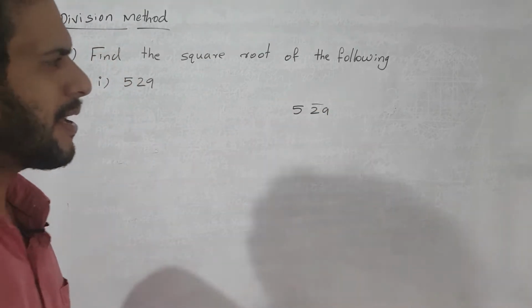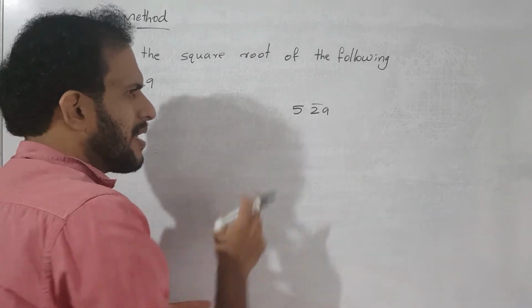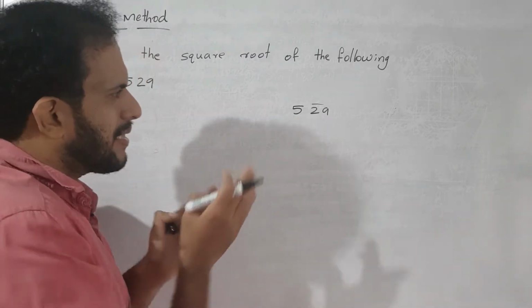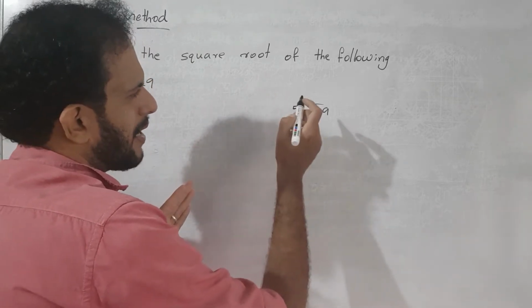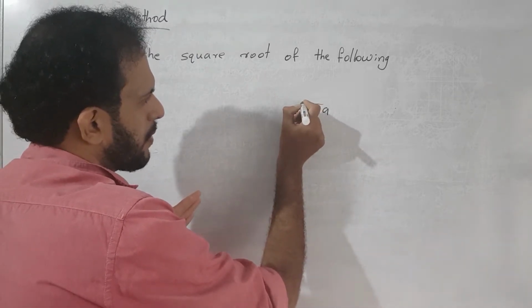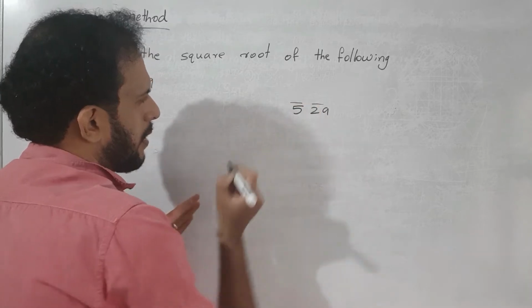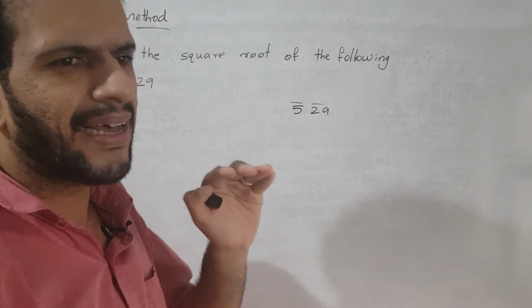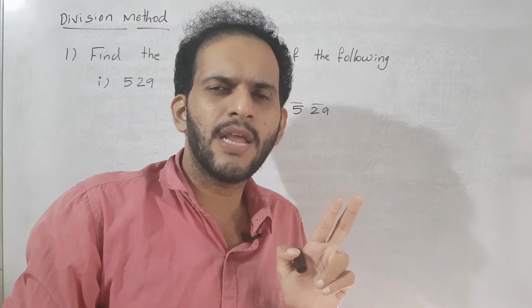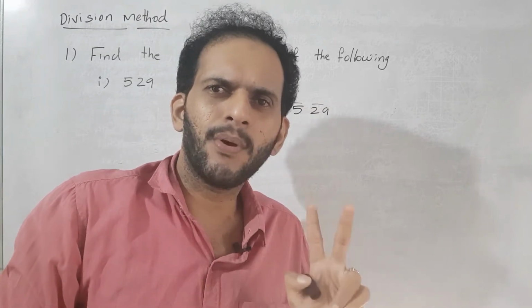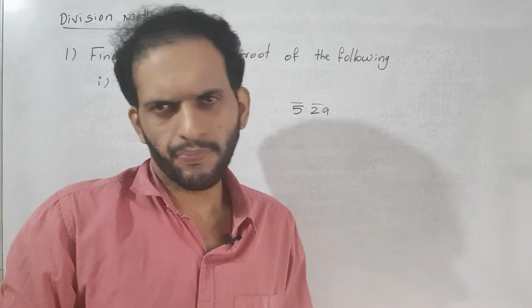If the number of digits is odd, then in all cases under the left extreme bar we get only one digit.